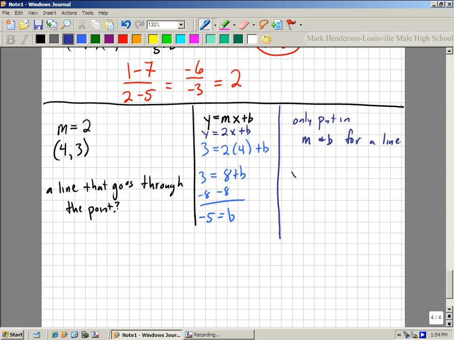So then we get y equals 2x minus 5. Okay? Is that easy enough so far? You all remember doing this last year, right? Maybe not how to do it, but you at least remember doing it. Okay, good.